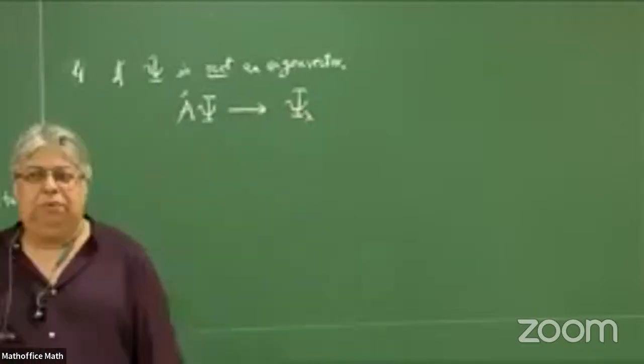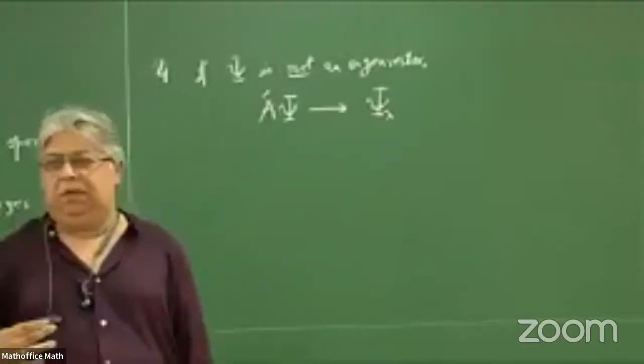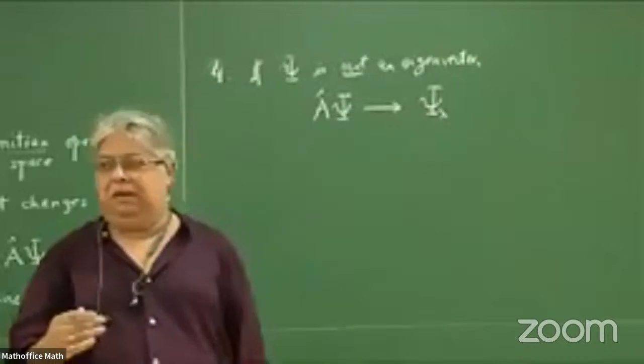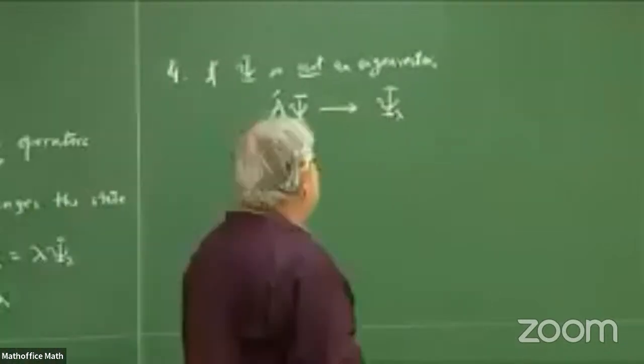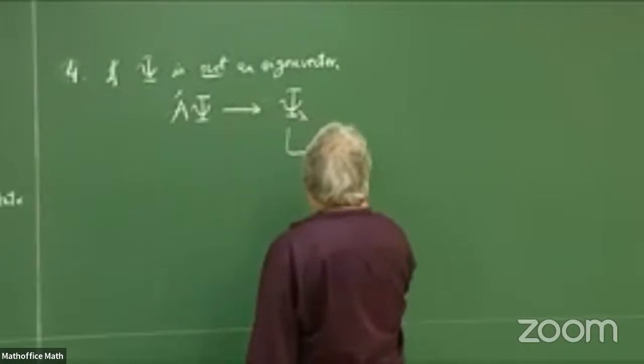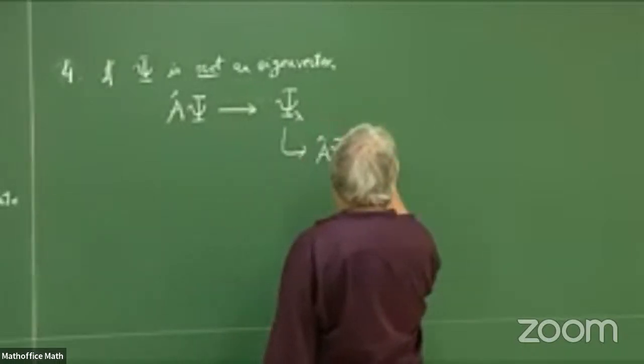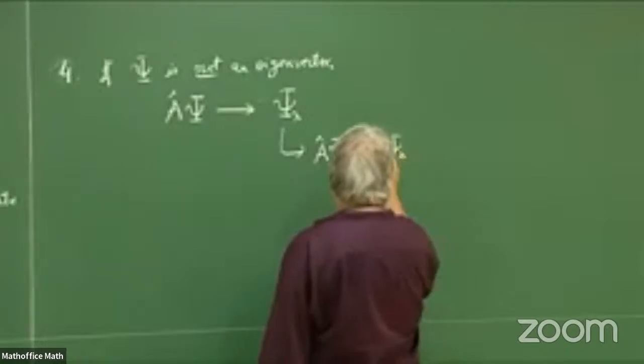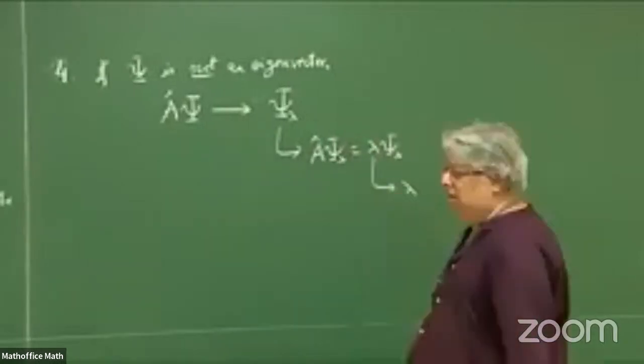In other words, you will disturb the system until it becomes an eigenvector. Once it has become the eigenvector, immediately, of course, the value lambda pops up.